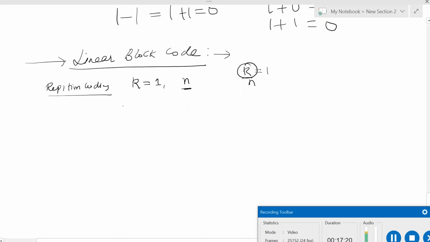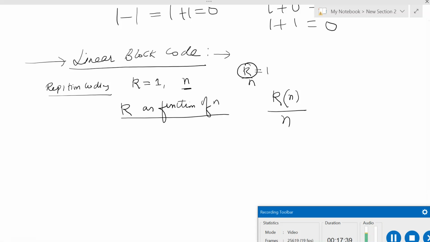Now the basic logic is, if we choose k as a function of n, that is, how many message bits we will take will depend upon what is the code length we want. This is a little bit mathematical concept here. So what is the effect of this? The effect is that if you take the limit n goes to infinity, this no longer will be 0, because k of n is also depending on n.